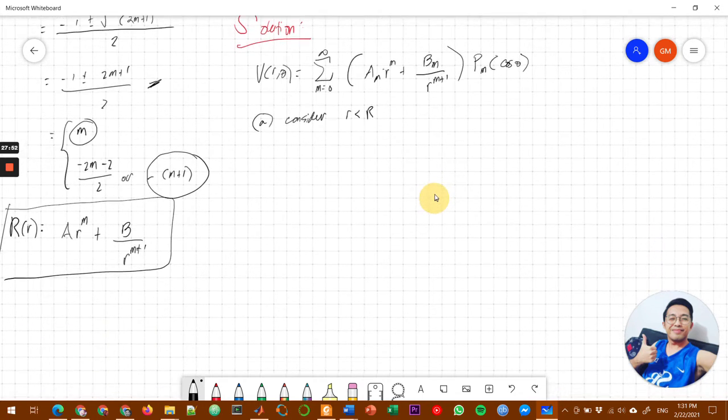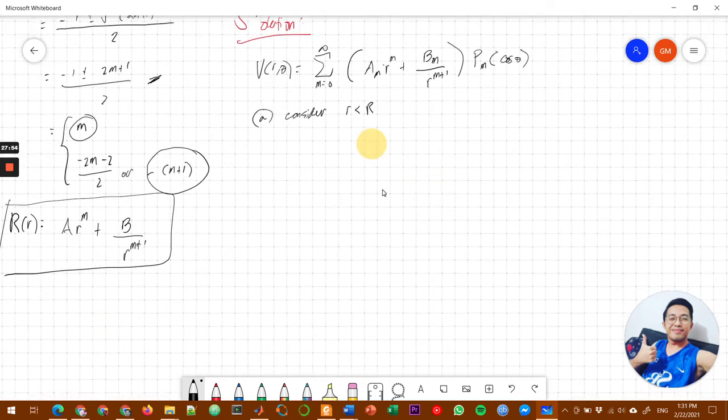So, that would mean r is less than big R. So, if r is less than big R, then given the earlier equation for the potential, B sub m should be 0, right? So for r less than big R, meaning inside the sphere, this term should be 0. Why?